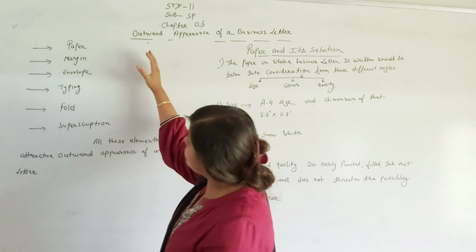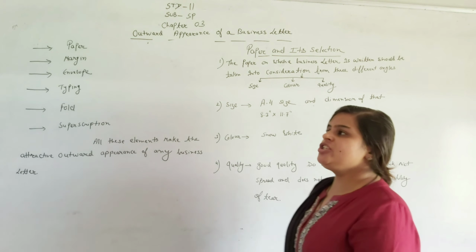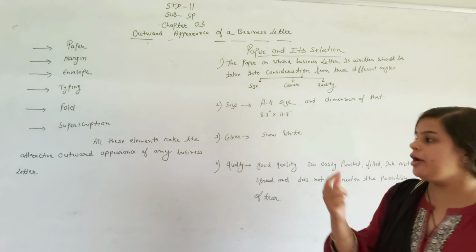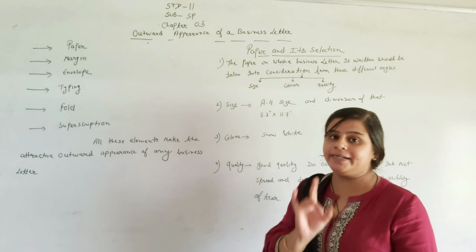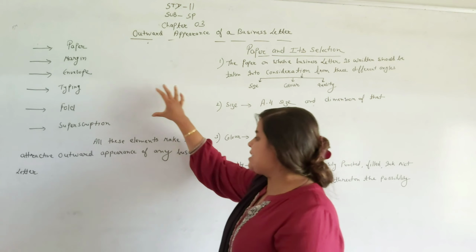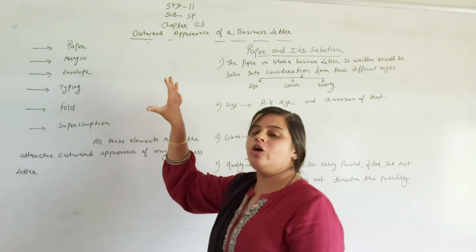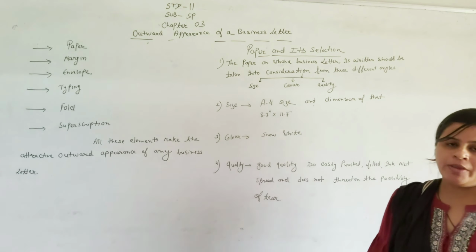So they are the major elements. ये एक major elements है which helps to make more attractive your outward appearance. I am not talking about the internal part. So these elements are helpful to make more attractive your outward appearance of any business letter.